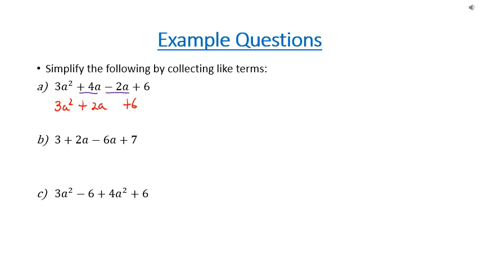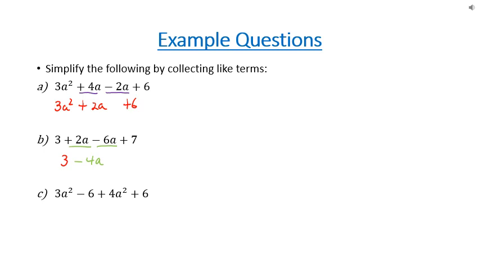In our next expression, now remember these are expressions because they don't have an equal sign. Alright, so in our next expression we have like terms of positive 2a and negative 6a. So that leaves us with a 3. And then we have positive 2a take 6a is actually negative 4a.